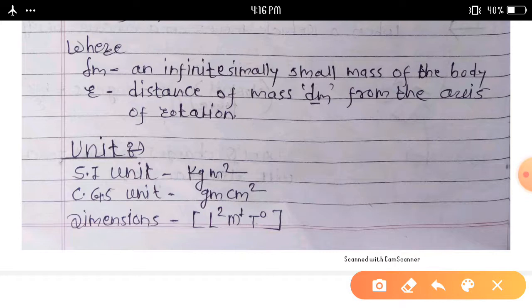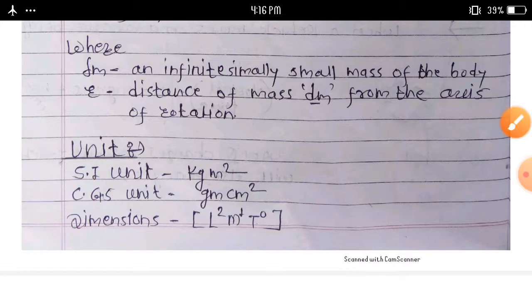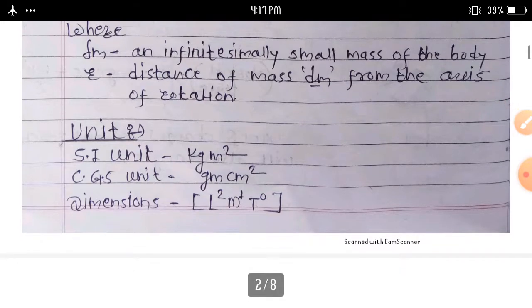Hence the SI unit becomes kg into meter square. CGS unit: mass is measured in gram and distance in centimeter, hence gram into centimeter square, and the dimension is L raised to 2, M raised to 1, T raised to 0. In this way we can discuss its SI unit, CGS unit and dimension of a moment of inertia.